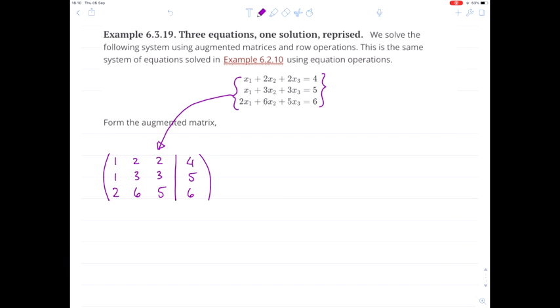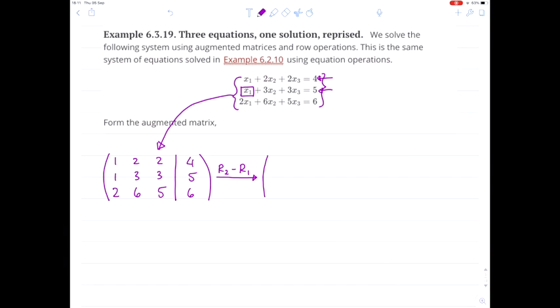So if you remember, when we were solving the system using the equations, the first thing we did was an equation operation to eliminate the x1 in the second equation. And what we actually did was we subtracted off the first equation from the second equation. And in terms of the matrices, that's exactly what we're going to do. So we're going to say row 2 minus row 1.